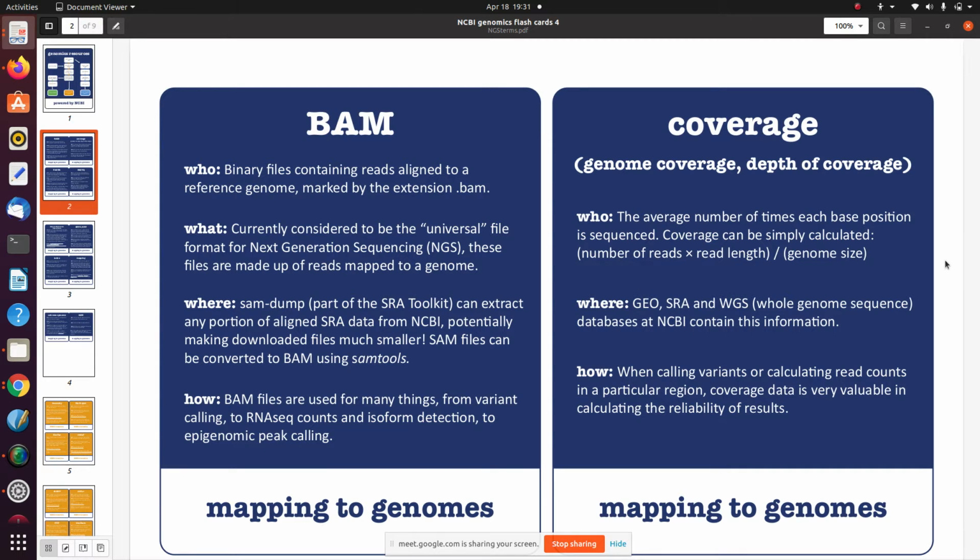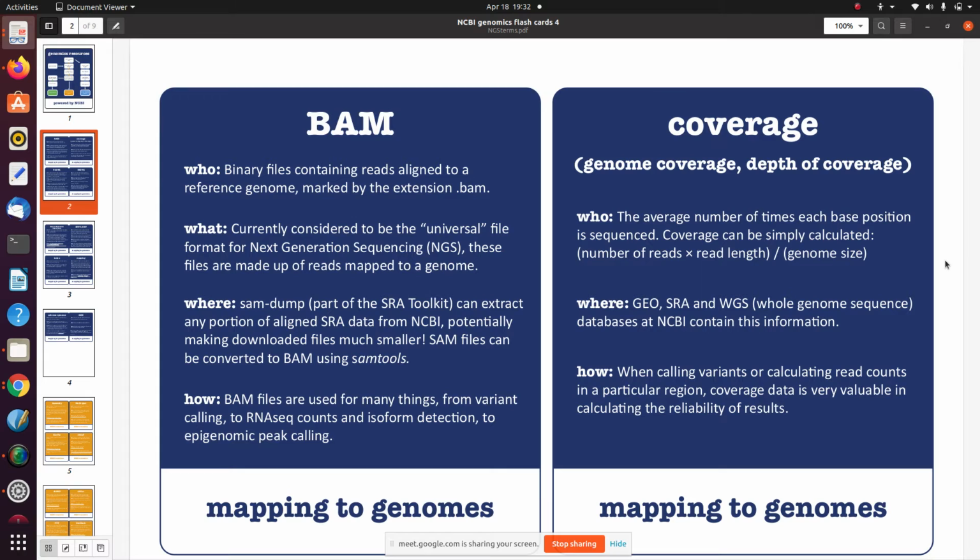GEO is Gene Expression Omnibus, SRA is Sequence Read Archive, WGS is whole genome sequence. So coverage is number of reads times read length divided by genome size. As per the definition, it is the average number of times each base position is sequenced.